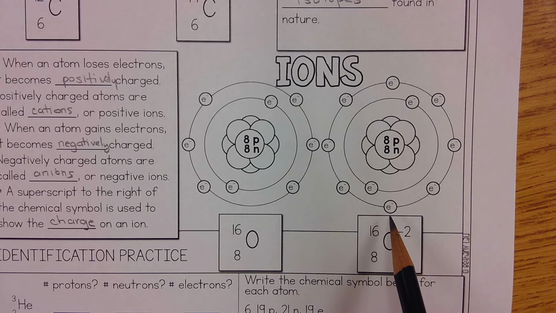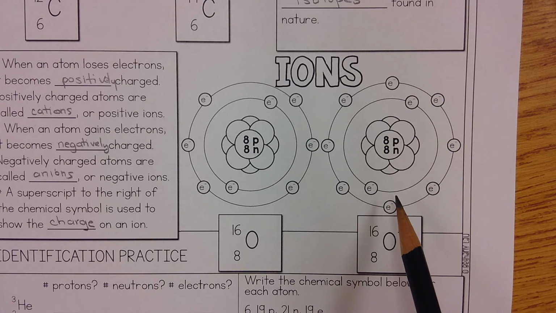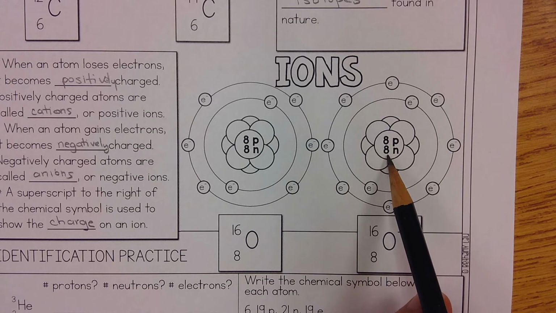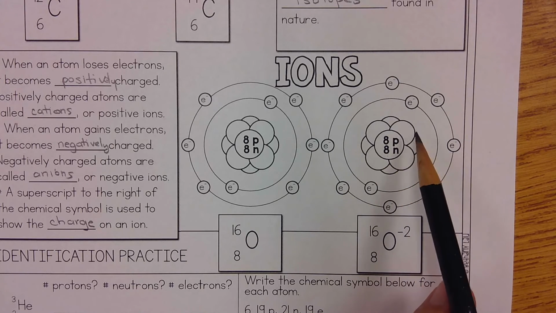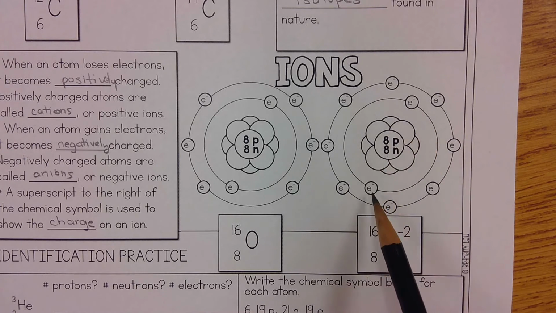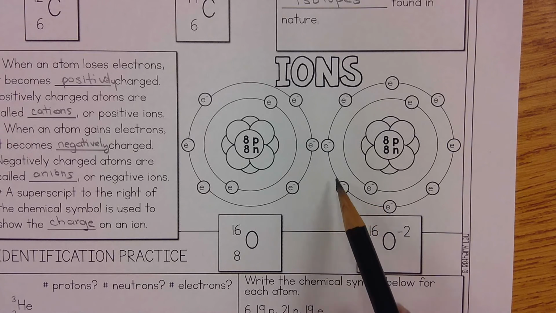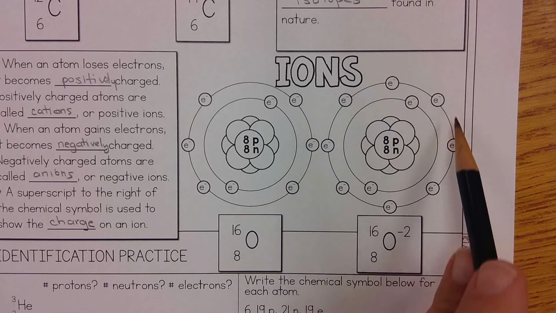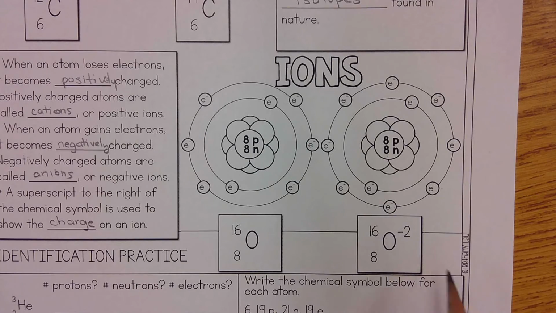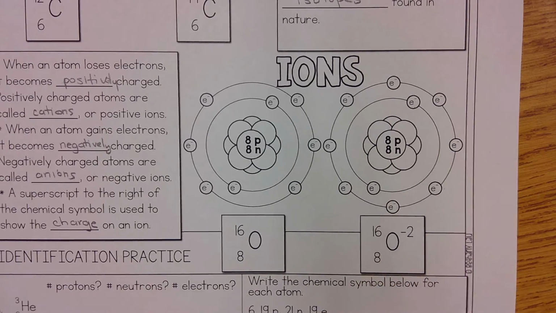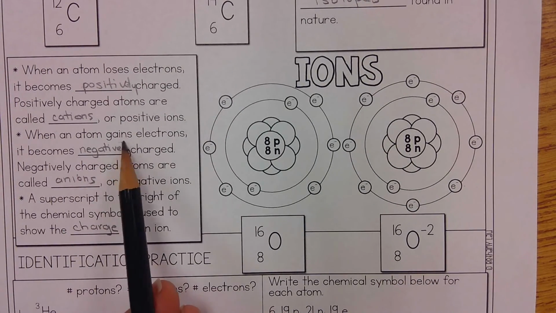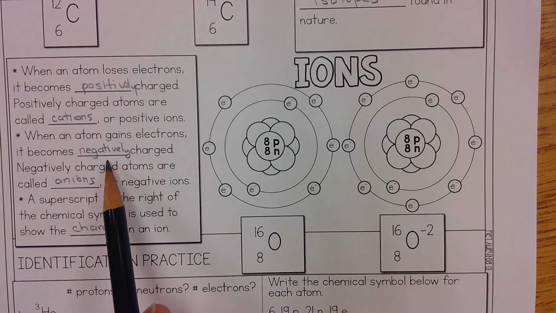But we can look here at this atom, still oxygen, 8 protons, 8 neutrons. But if we count the electrons, we've got 1, 2, 3, 4, 5, 6, 7, 8, 9, 10. So there are 10 electrons. So remember, when we have more electrons, it's negatively charged.